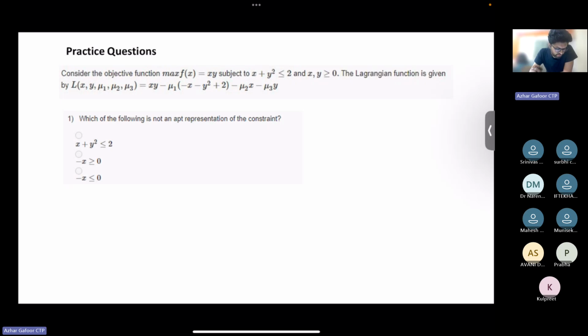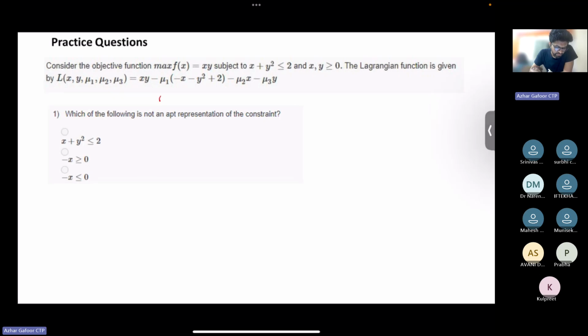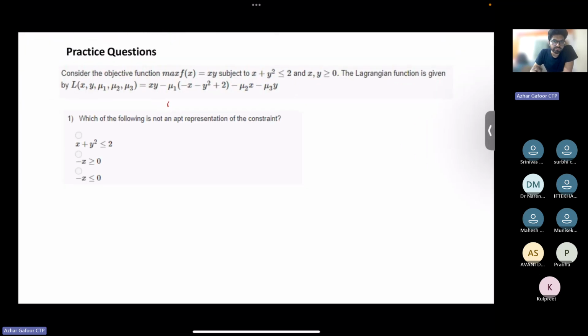The Lagrangian function is given by xy minus mu1 times (minus x minus y squared plus 2) minus mu2 into x and minus mu3 into y. Which of the following is not an apt representation of the constraint? That is the question.